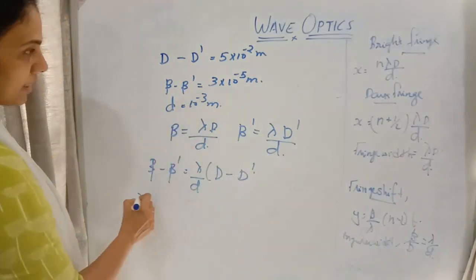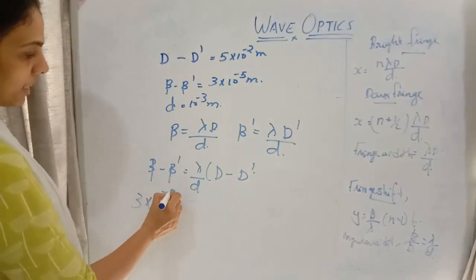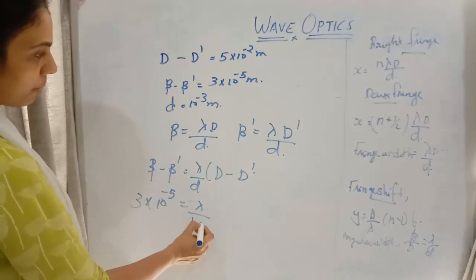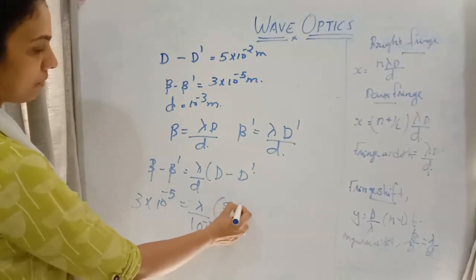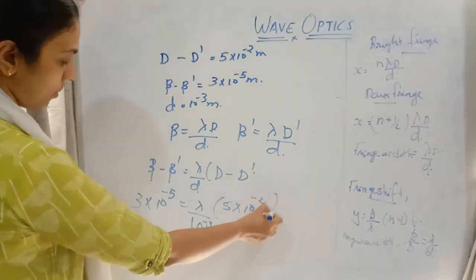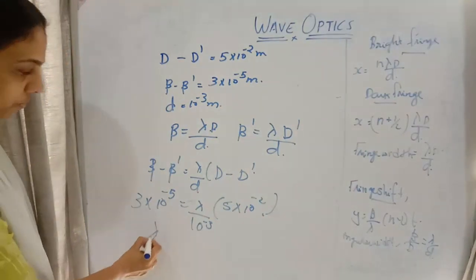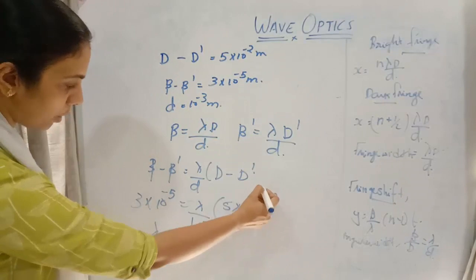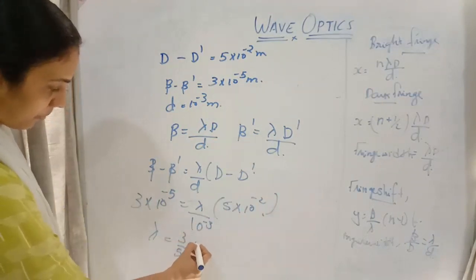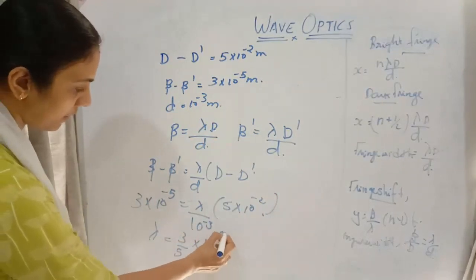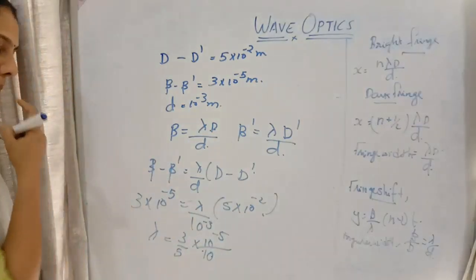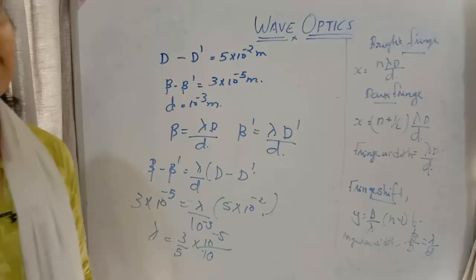Here beta minus beta dash is 3 into 10 to the power minus 5, equal to lambda, which we don't know, over 10 to the power minus 3, into 5 into 10 to the power minus 2. So you can find the value of lambda as 3 by 5 into 10 to the power minus 5 divided by 10 to the power 10. Okay, so you can find out the value like this.